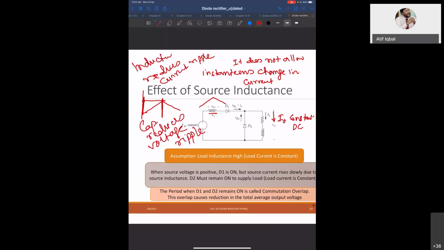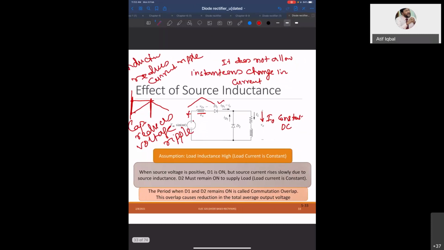Okay. Now, when the source voltage is positive, diode D1 is on, but the source current rises slowly due to source inductance. D2 must remain on to supply the load, because you have assumed that this current is constant.